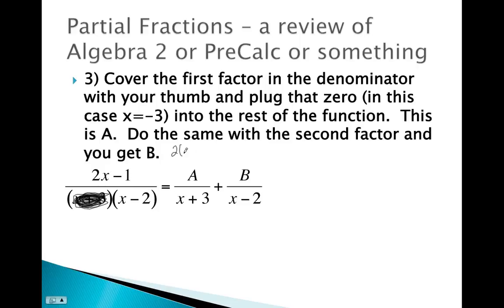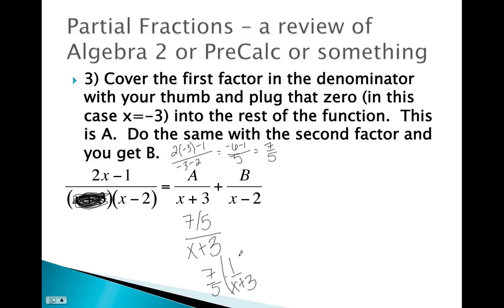So I get 2 times negative 3 minus 1 over negative 3 minus 2. And that is my A, okay? This is negative 6 minus 1 over negative 3 minus 2, which is negative 5. Lo and behold, that is 7/5, which is what we got for A before. So A is equal to 7/5 over x plus 3, or we could write that as 7/5 times 1 over x plus 3. Same thing, much shorter way of getting what A is.